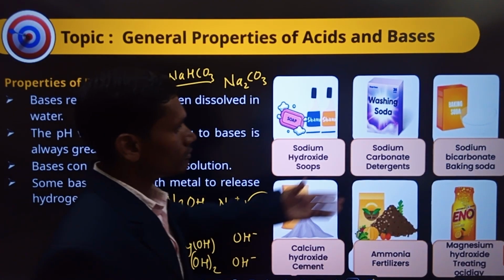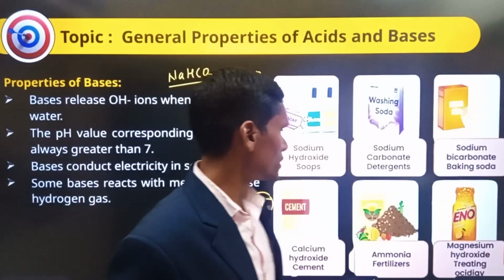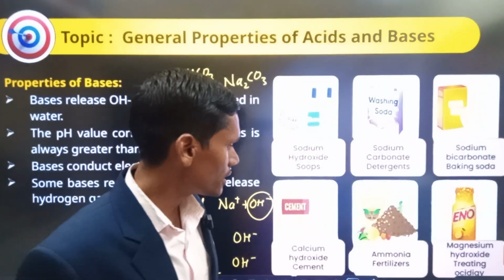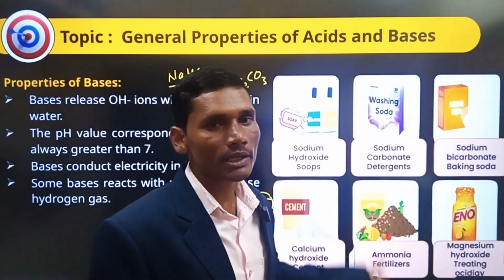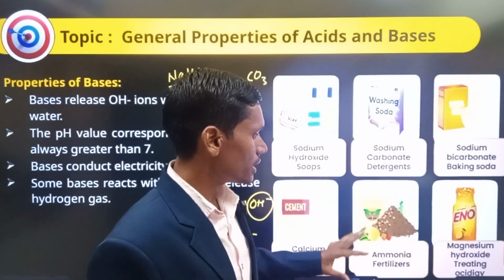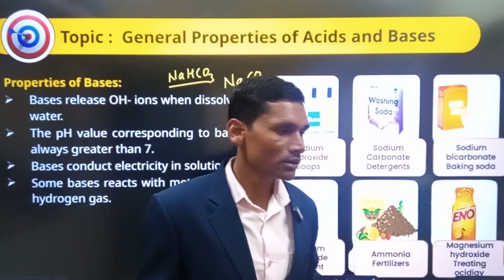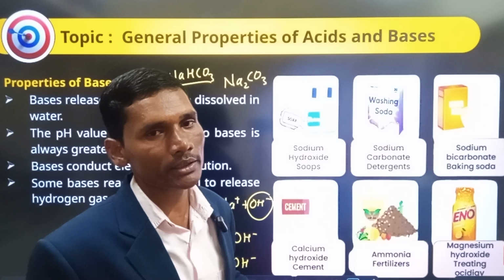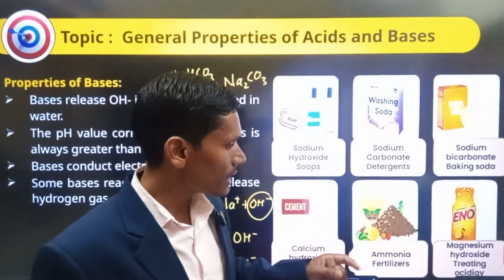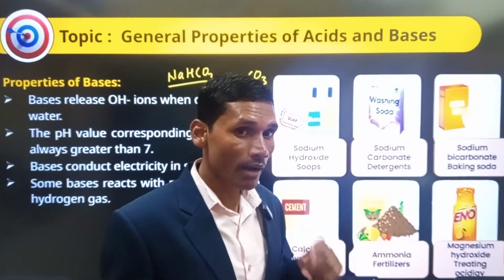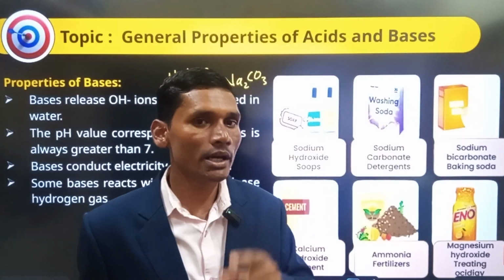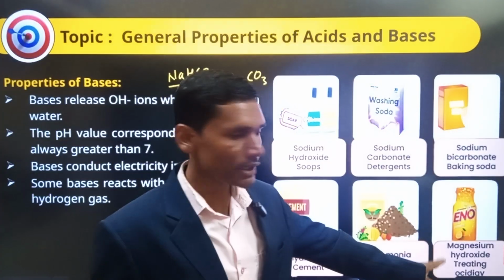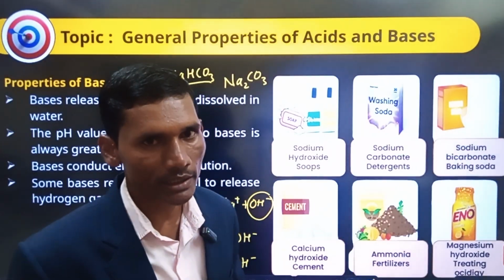This is used as baking soda. Next, calcium hydroxide is used in cement. Next, ammonia is used in fertilizers usually. Next, milk of magnesia, or what we say antacid, which doctors give during indigestion. That problem can be treated by giving a mild base called magnesium hydroxide, which is used in antacid tablets, right? So for treating acidity.